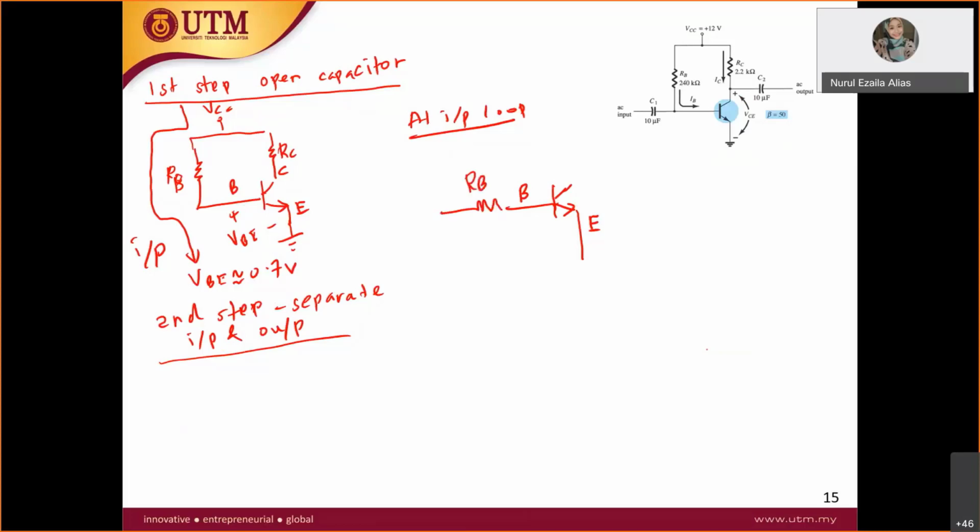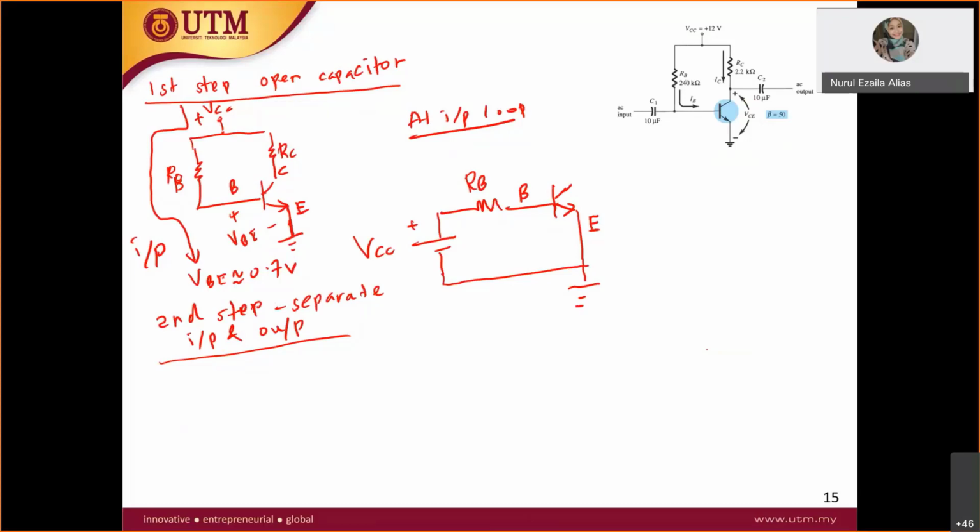RB is connected at its other end to plus VCC. Your negative VCC goes to the ground. So this is your input loop.